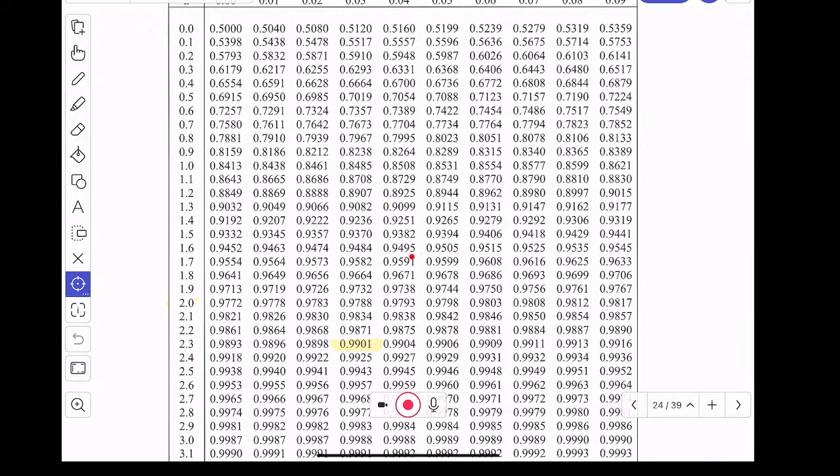So what value do I use? You back at 1.72, which one? Yeah, that's not 9500.